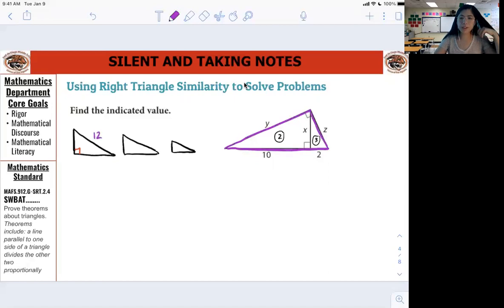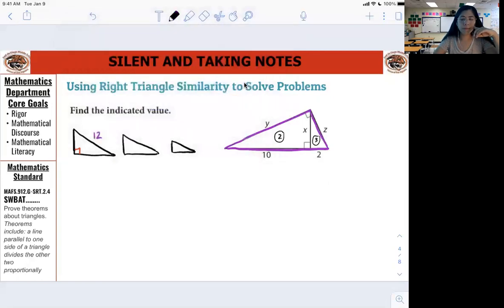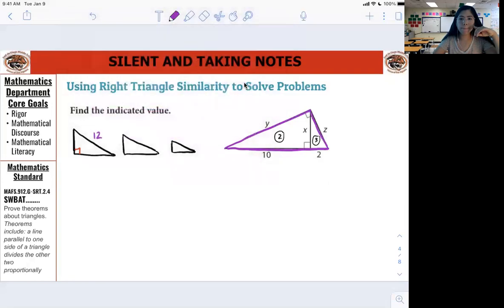What is the shortest side? What is the shortest side of the purple triangle? Anyone?